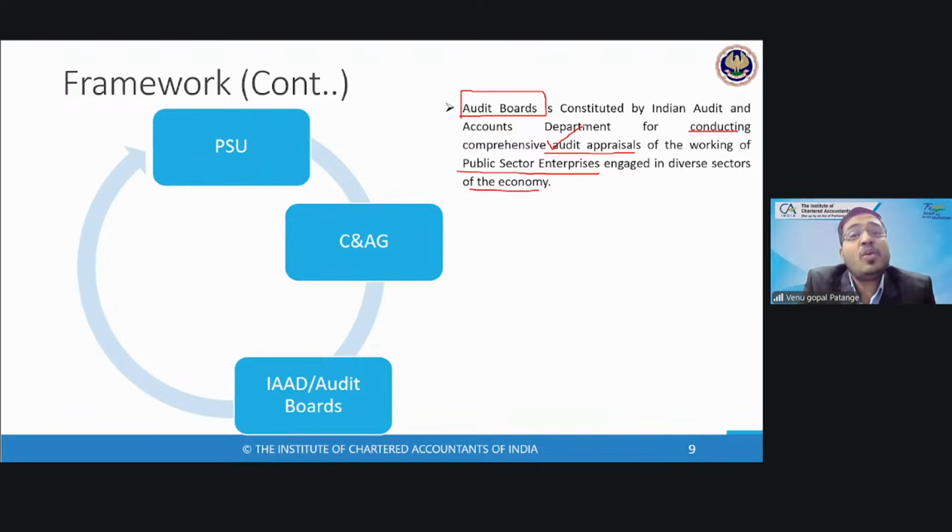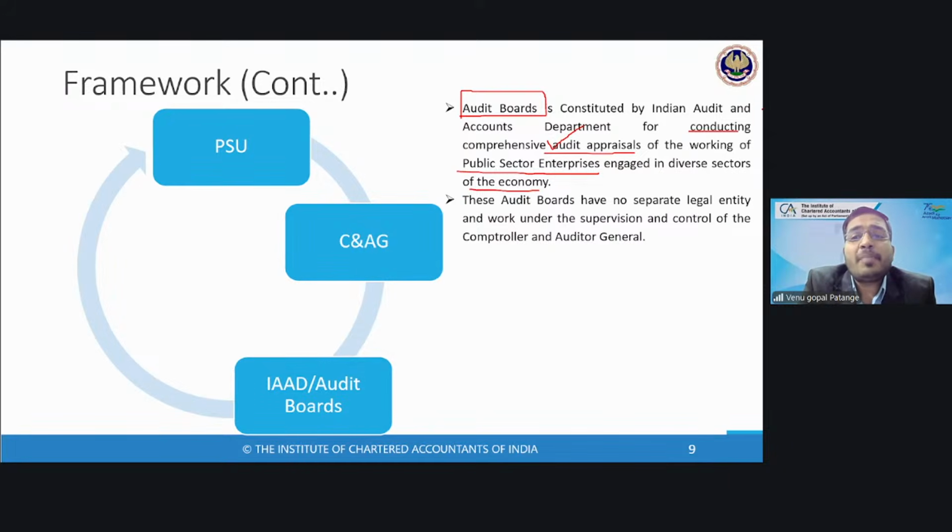But he alone cannot go to 10 places or do 10 areas, so he has managers under him. Managers also cannot do all the work; they also need support. So IAAD also needs the support of audit boards. The groundwork is done by audit boards, given to IAAD, and finally given to C&AG. Similar to a CA setup, similar to professional CA firms. You can relate to that.